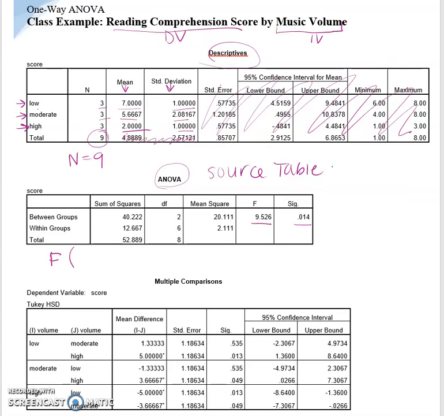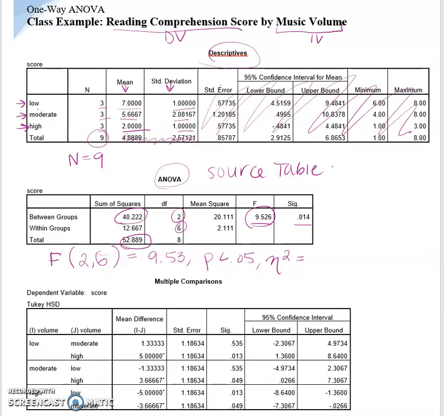If I were to write this up, I would write it as degrees of freedom numerator, degrees of freedom denominator, 2, 6, and our F test was 9.53, and then p is less than 0.05, and then I would have to compute eta squared. Again, SPSS won't give that to you, so you take 40.22 divided by 52.889.